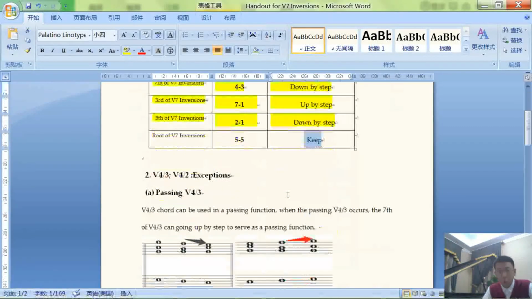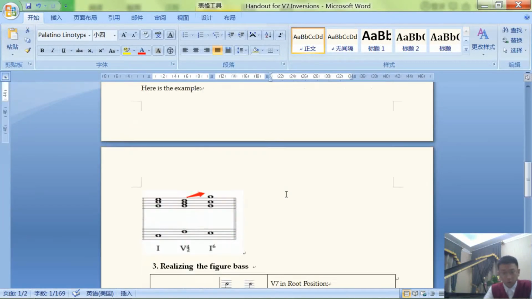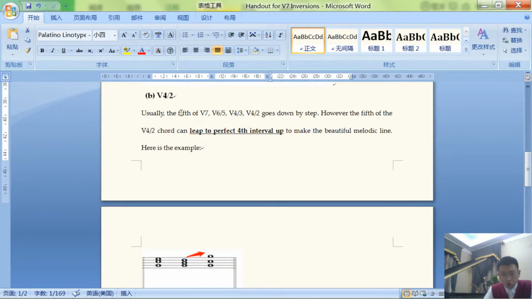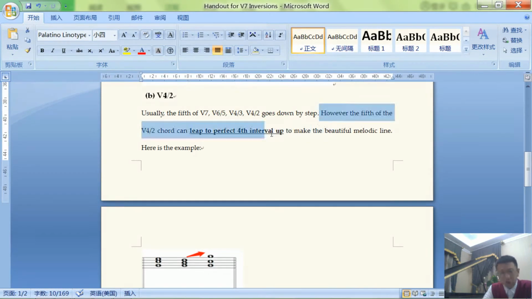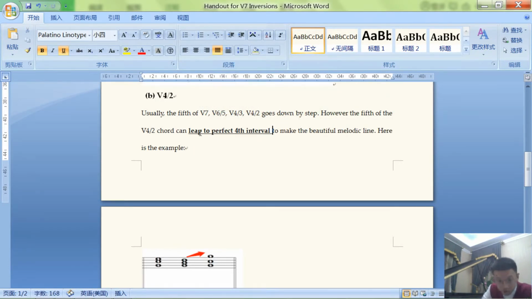Let me show you the rules. Usually the 5th of the 5-7, 5-6-5, 5-4-3, and 5-4-2 goes down by a step. However, the 5th of the 5-4-2 chord can leap up a perfect fourth interval to make a beautiful melodic line.